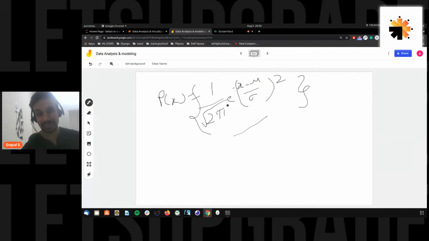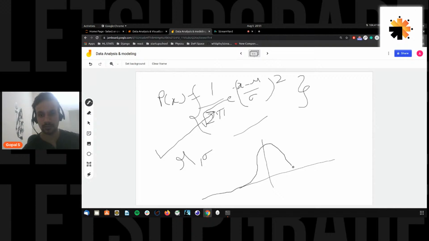But what I can tell you about this function is that the moment you pass an x value, mu and sigma, it forms a bell curve. The bell curve follows a rule called the 68-95-99.7 rule.